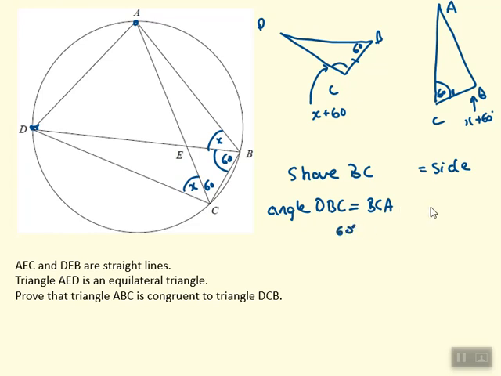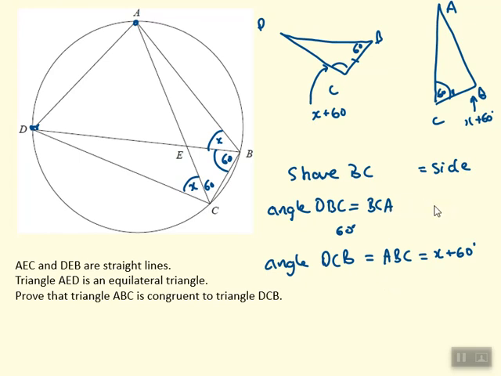And remember, we already wrote the reason is because angles in the same segment are equal. And then angle DCB equals angle ABC, and they both equal x plus 60. And again, we've provided the reason already. Angles in the same segment are equal, and we've just used that twice.